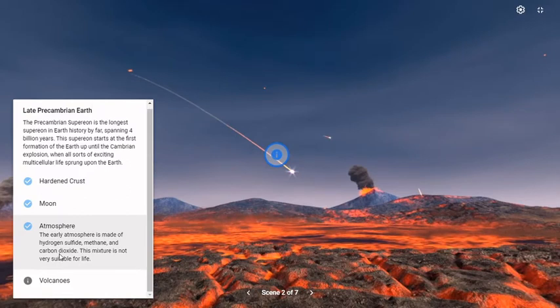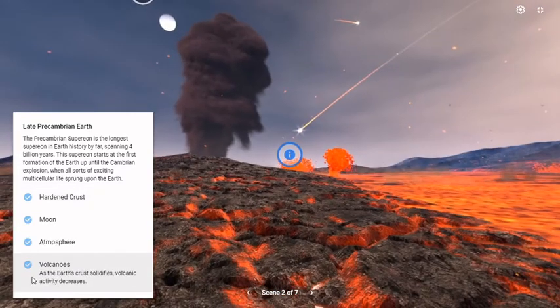The early atmosphere is made of hydrogen sulfide, methane, and carbon dioxide. This mixture is not very suitable for life. As the Earth's crust solidifies, volcanic activity decreases.